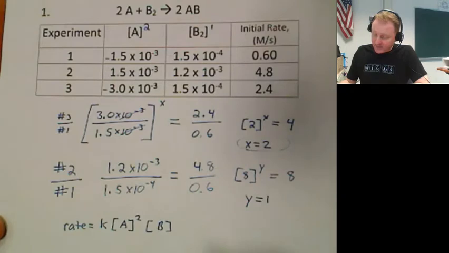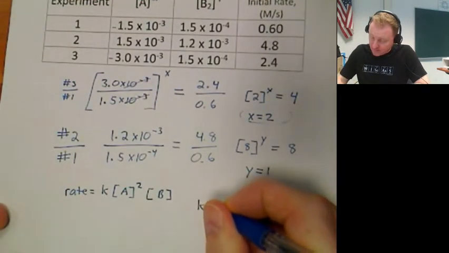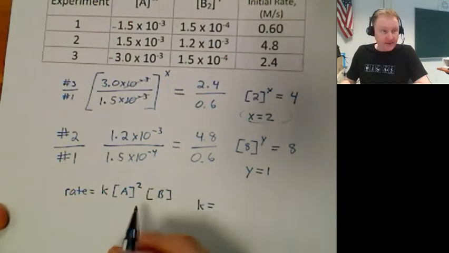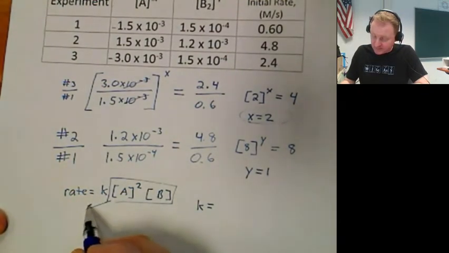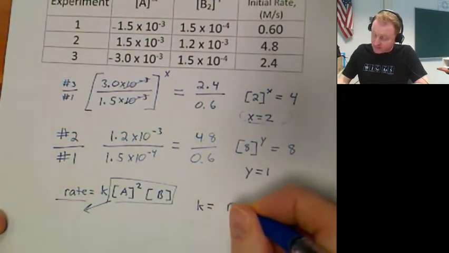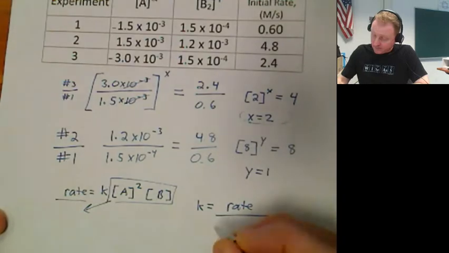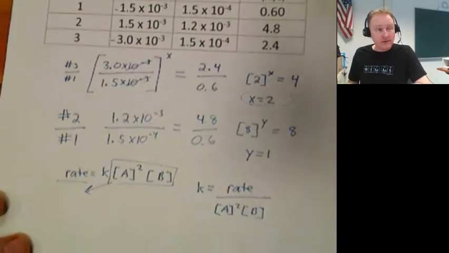I want to solve for k, so if I cross multiply, I can bring this down under the rate. So k equals rate over A squared B.